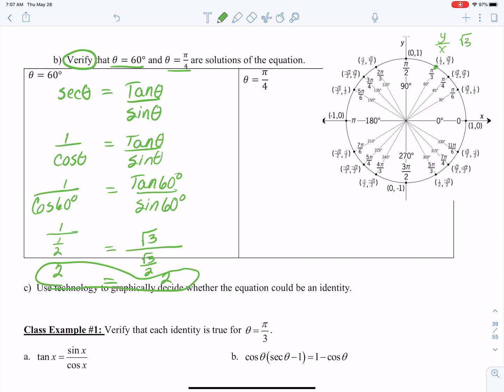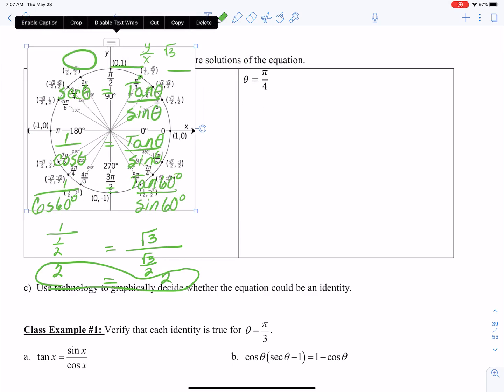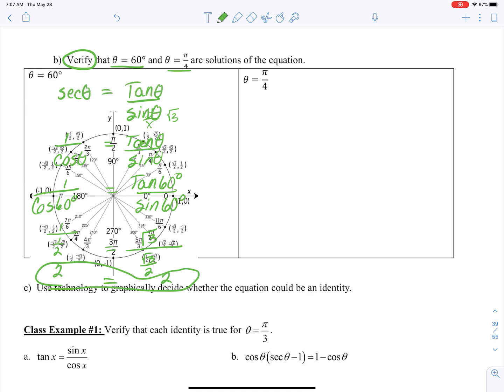All right, let's take a look at pi over 4. So again, I'm going to take the equation sec theta is equal to tan theta over sine theta. And I can never cross the equal sign here.